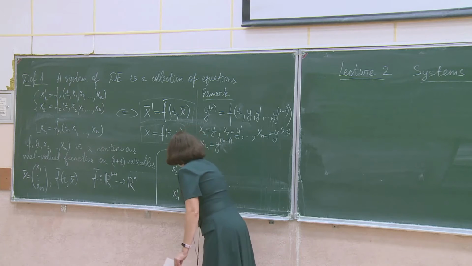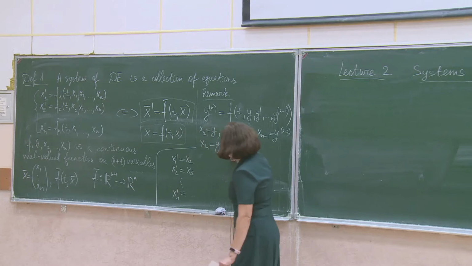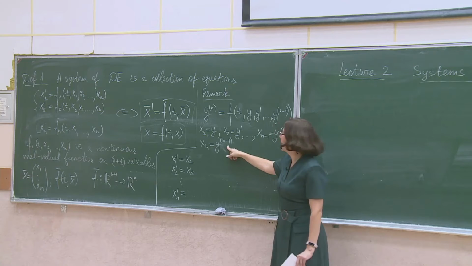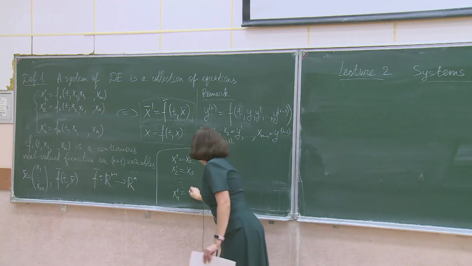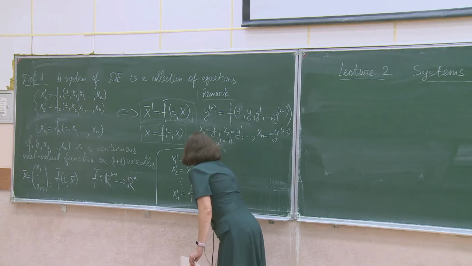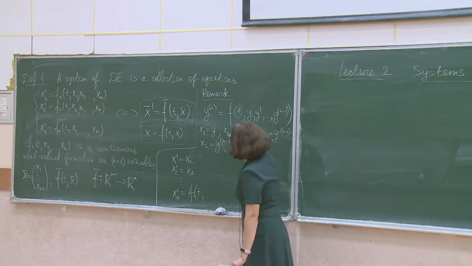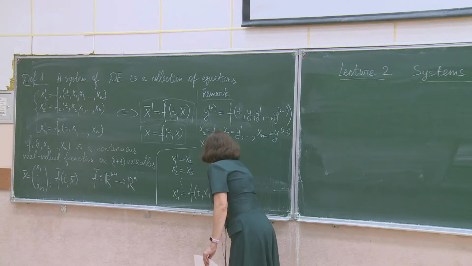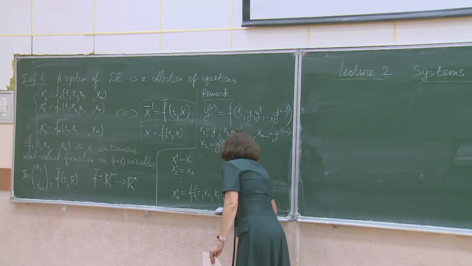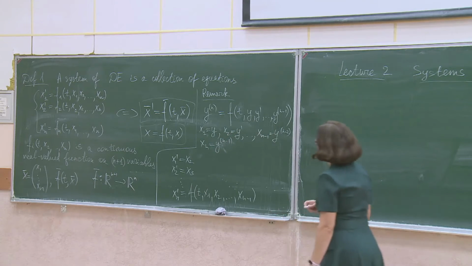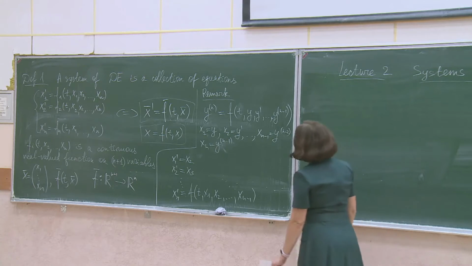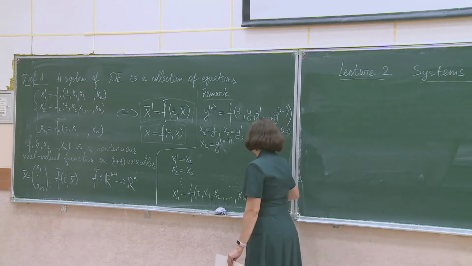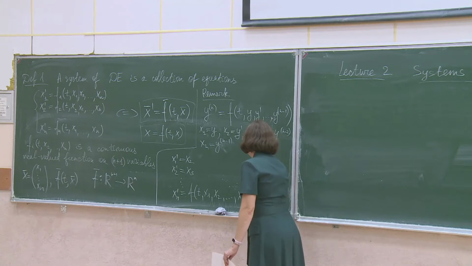And xn prime is equal to the nth derivative of y, but the nth derivative of y is here, f of t, then comes x1, x2, and so on, xn.